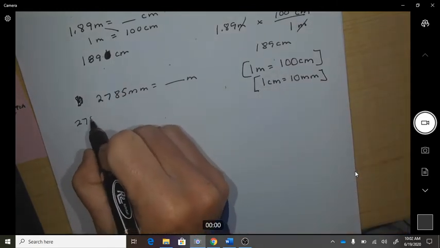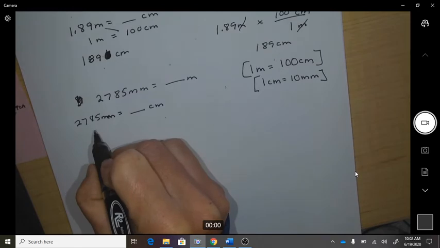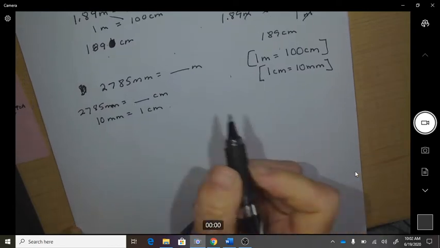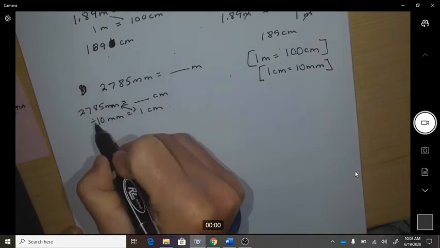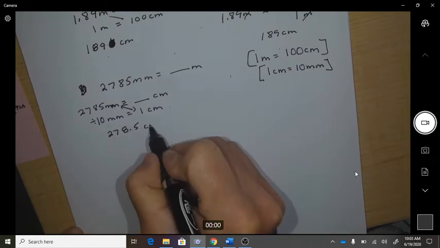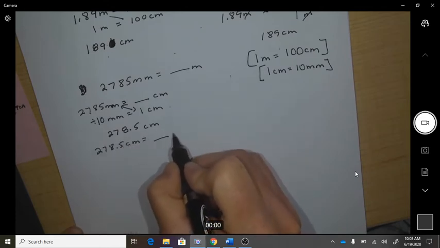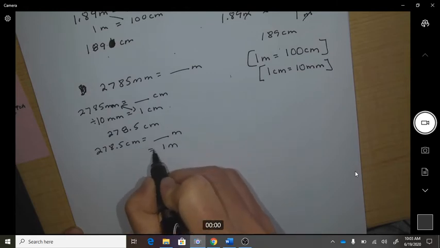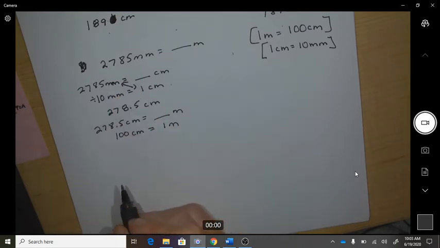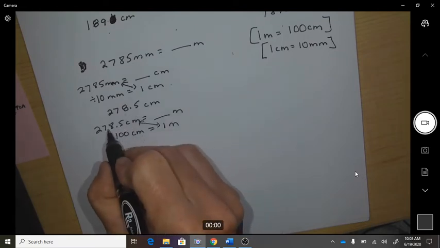Okay, so 2,785 millimeters equals how many centimeters first, when I know 10 millimeters equals 1 centimeter. So times, and then I'd have to divide by 10. Dividing by 10 is easy, just move the decimal one place. 278.5 centimeters is how many meters when 1 meter equals 100 centimeters. See how I have everything lined up, always on top of each other? So that's times and divide by 100.